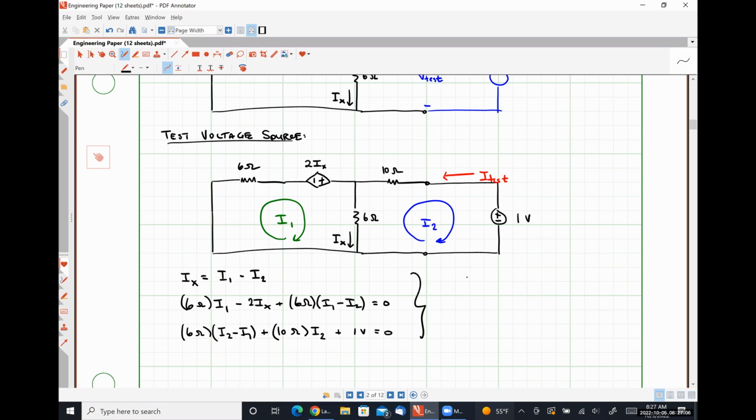And we can solve this system and find I1, I2, and if we're being lazy and leaving IX as just another variable, it's a 3 equation, 3 unknown system. So we won't need to do any substitutions. What do we get?